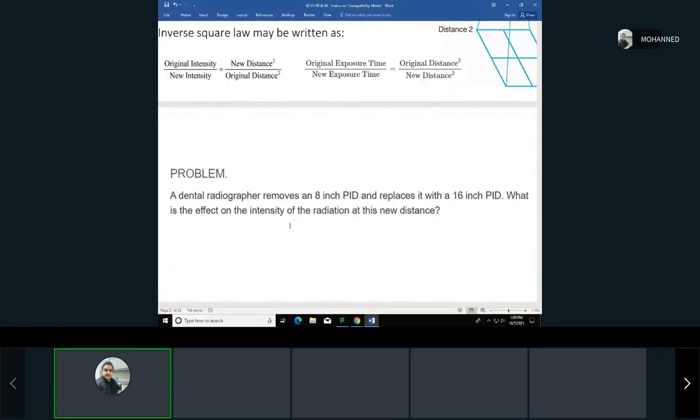How many 8s are in 16? There are 2. And how many 8s are in 8? There's 1. So it would be 1 on 2, and then squared. 1 squared is 1, and 2 squared is 4. So we'll have 1 on x equal 4 on 1. Does it make sense?